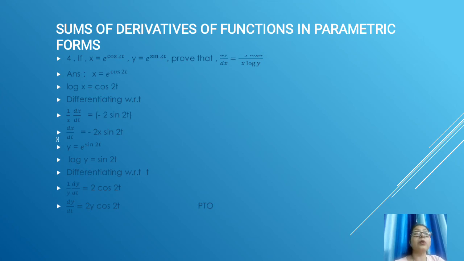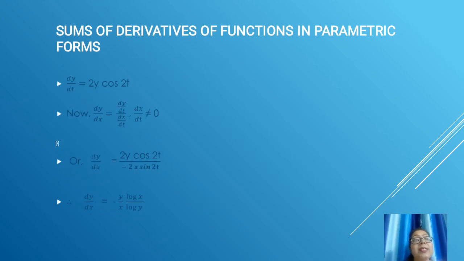Now we have to find out the same way for y is equal to e to the power sin twice t. So log we have to take on both the sides. Now differentiating with respect to t, it is 1 by y dy dt is equal to 2 cos twice t. And y we have to multiply to get only dy dt. So now we have to find out dy dx.